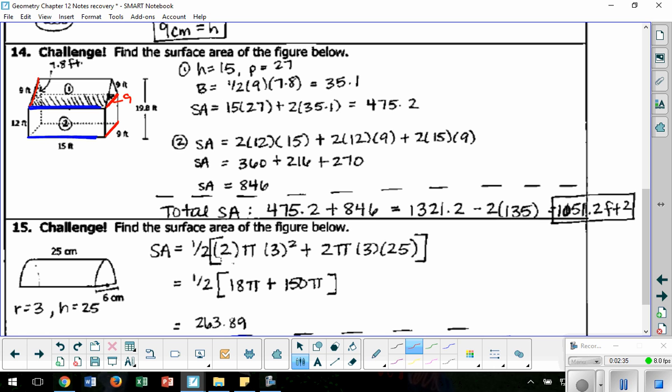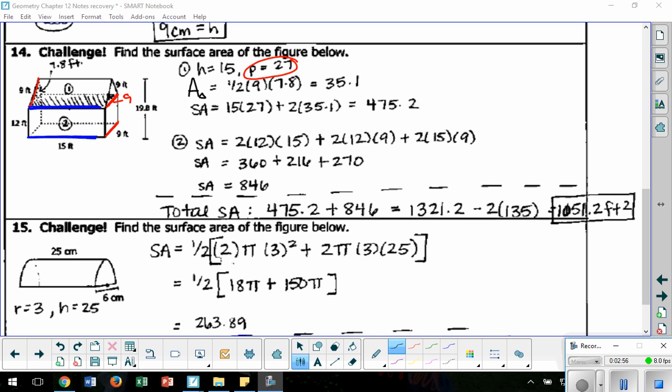So that's how we get that right there. So the area of the triangle, 1/2 base times height. The base is 9, the height is 7.8.